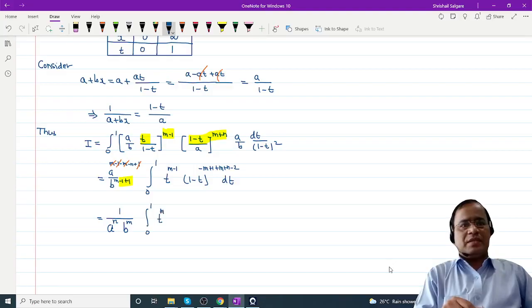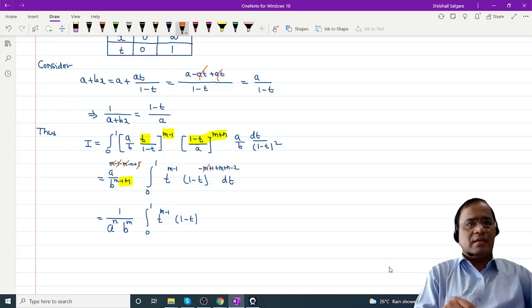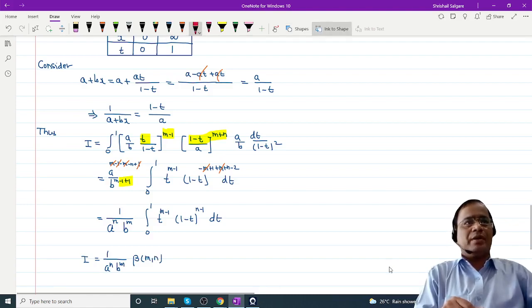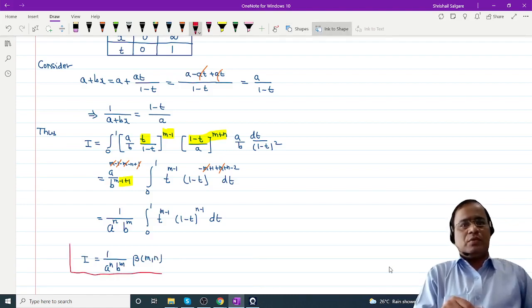First one is t raised to m minus 1 into 1 minus t raised to, now again see, I think minus m plus m get cancelled, plus n minus 1. And that is nothing but the beta, 1 upon a raised to m b raised to m into beta of m, n. That is the required answer. I think that same thing we have to prove here.